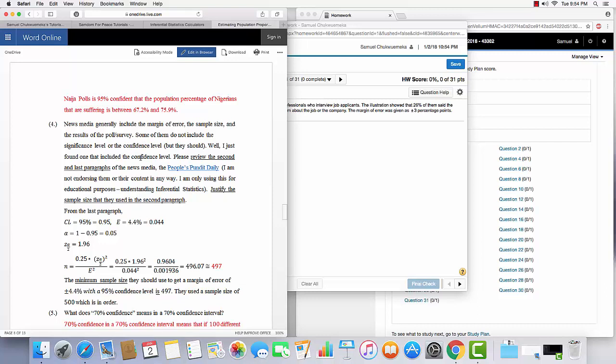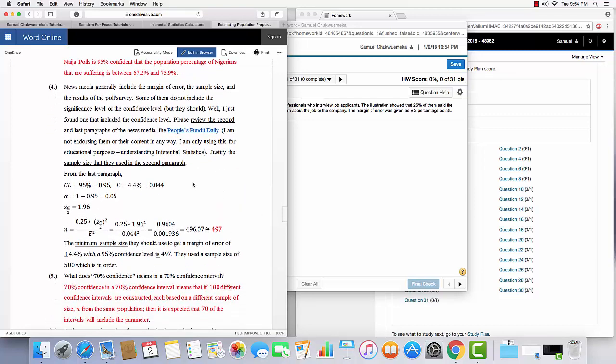Some of them don't include the level of significance or the level of confidence, but they should. This is one of the ones that I saw that actually included the confidence level. I'm not gonna call names like I said, but at least you're looking at it.